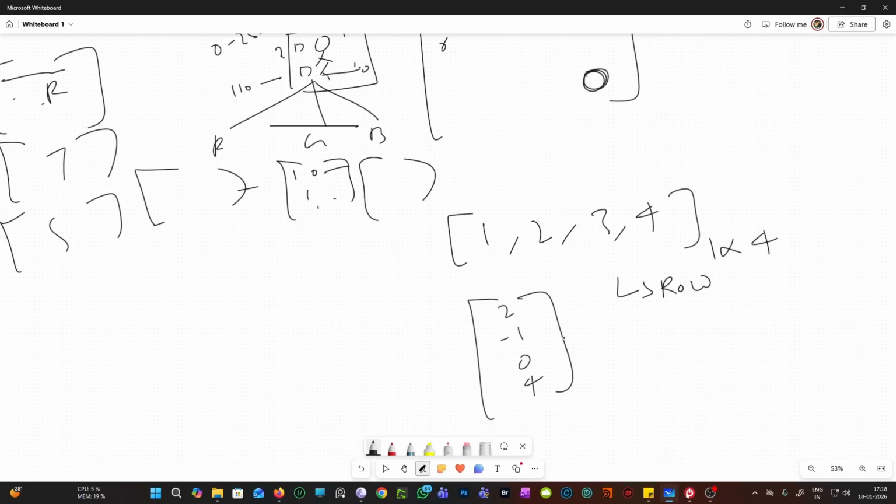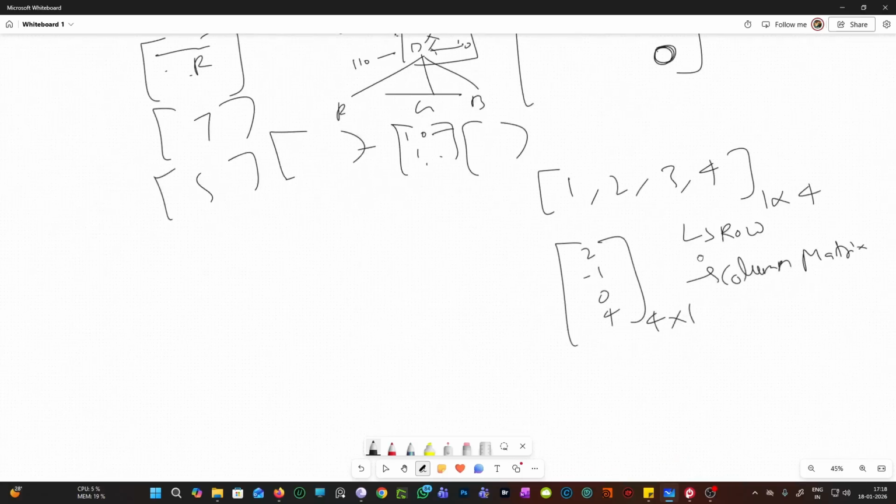So you can see here it has 4 rows and 1 column. So it's called a column matrix. So basically, if a matrix has one row, it's a row matrix. If a matrix has only one column, then it's called a column matrix. So you can see here they are named based on how they look, right? But at the end of the day, these are just matrices.